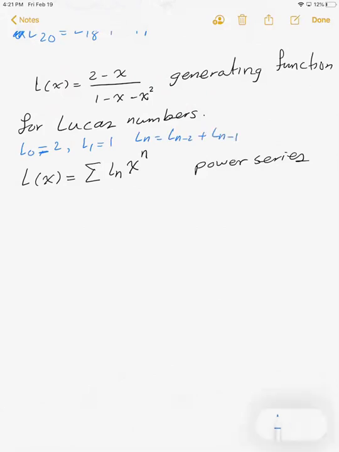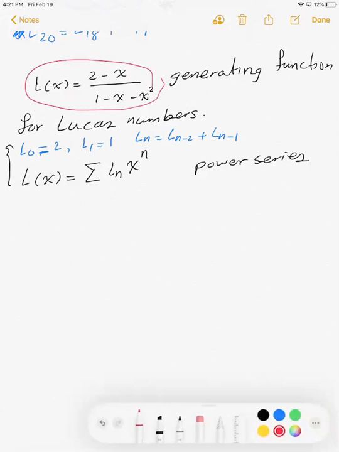So we are going to use these for the proof, to prove that indeed this is the generating function for the Lucas numbers. And after that, I will show you what the generating function is going to do for us.